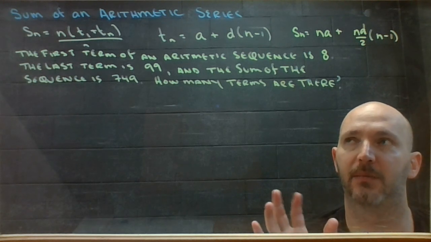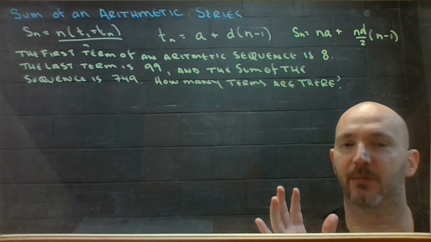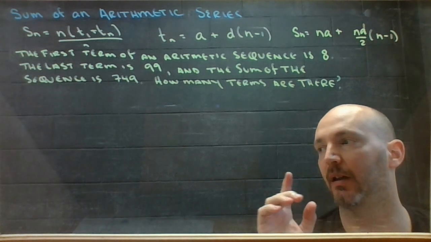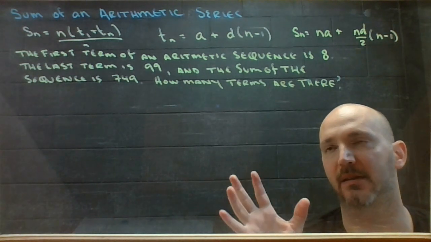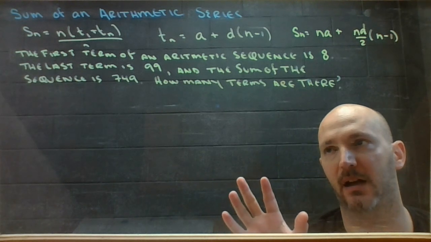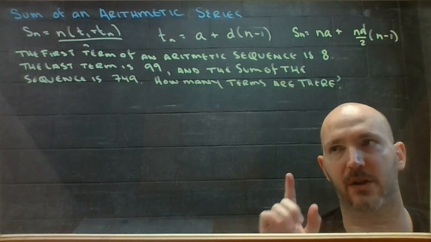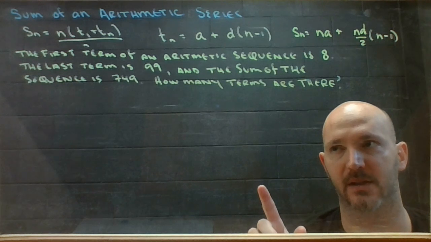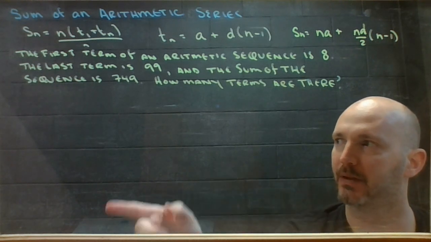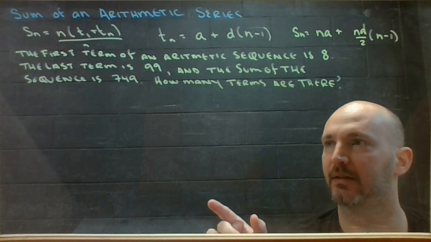Now, I mean, you might be wondering, why on earth would you ever know this information? Well, this is like how mortgages work. Now, mortgages aren't arithmetic sequences; they're geometric sequences. So we'll get to that in a bit.